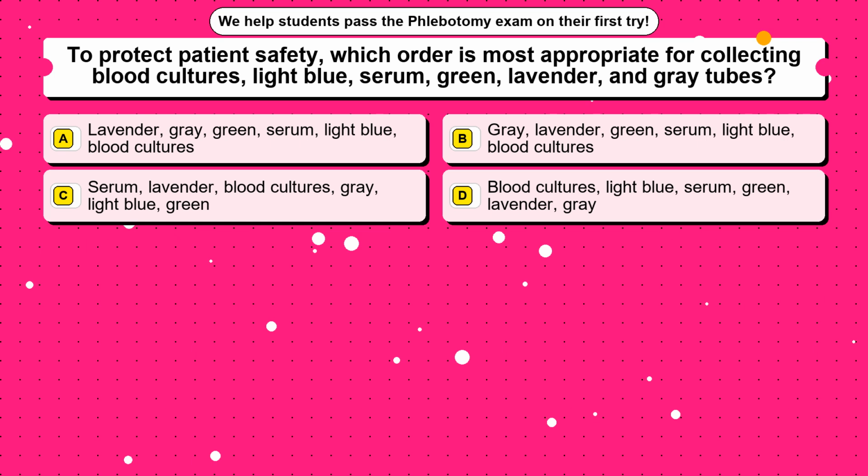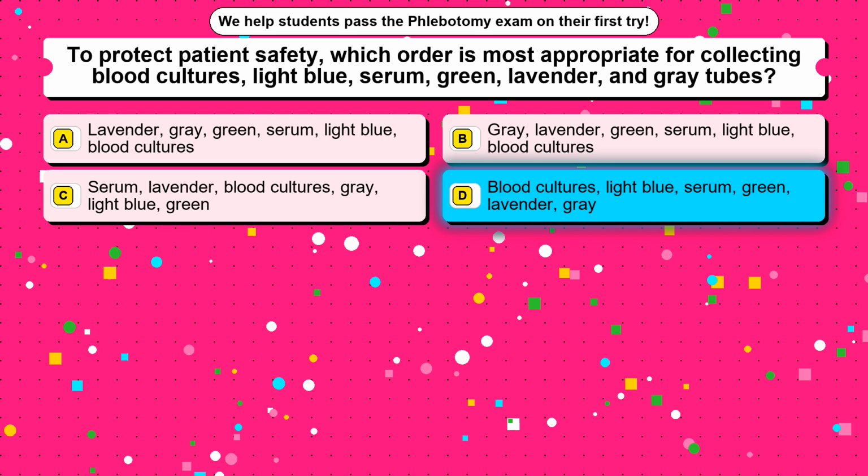Option C, serum, lavender, blood cultures, gray, light blue, green. Option D, blood cultures, light blue, serum, green, lavender, gray. The correct answer is option D, blood cultures, light blue, serum, green, lavender, gray.